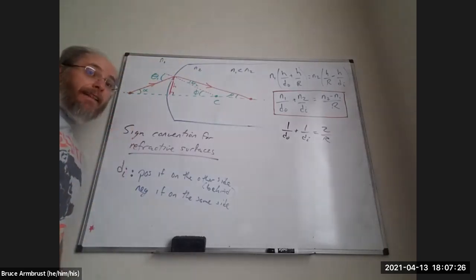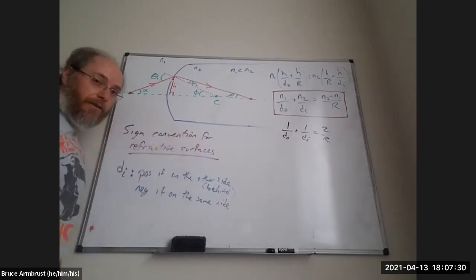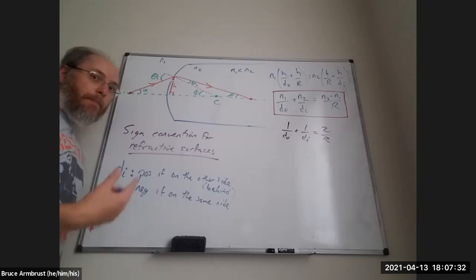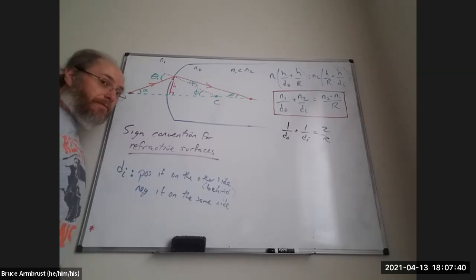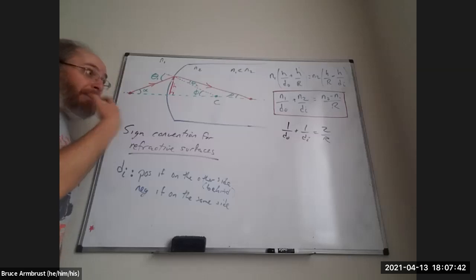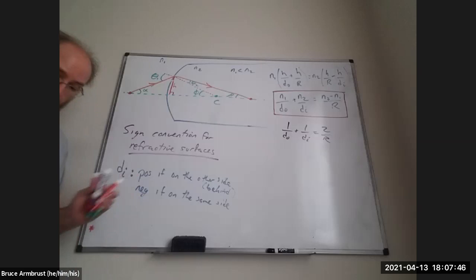And in fact, think about the example that we did with just the flat, straight surface. That was one where the image location was on the same side as the object, then it was virtual, right? And that will play out with this equation in terms of the sign. So that's the deal with DI.